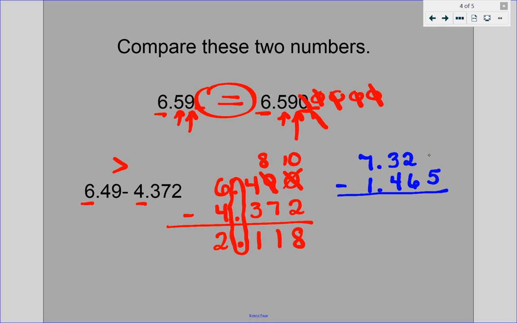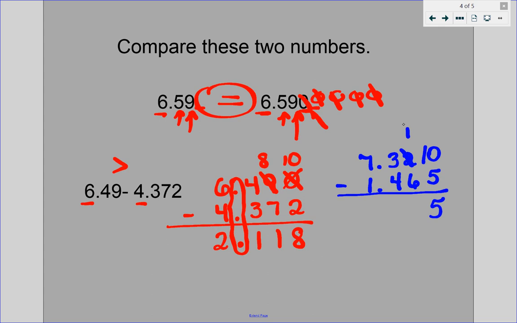I need a number up here, and I can add as many zeros as I want on the end of a number with the decimal point, not before the decimal point, but after the decimal point. And it doesn't matter, because it's all just nothingness. So I say, I have more on the floor, go next door, right? Cross out that 2, make it a 1. Now this becomes a 10. 10 minus 5 is 5.